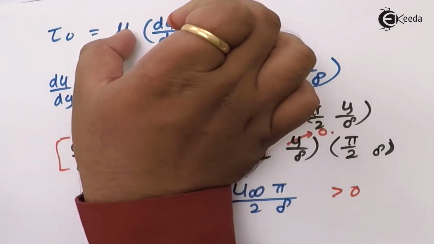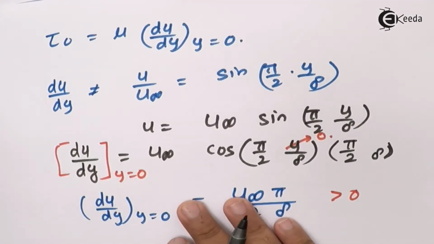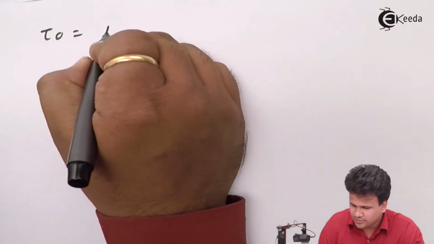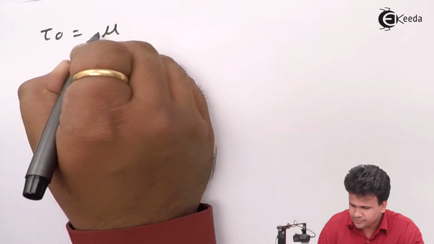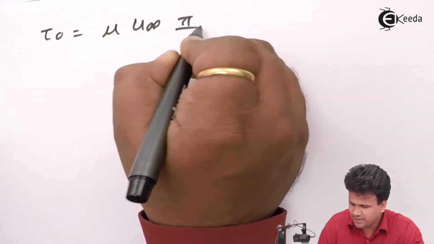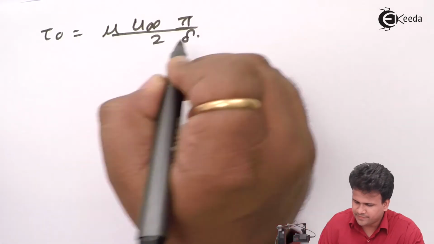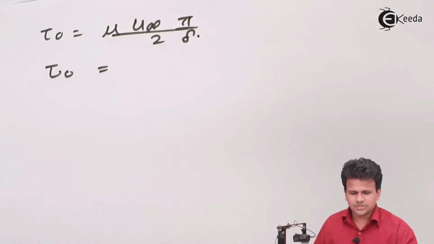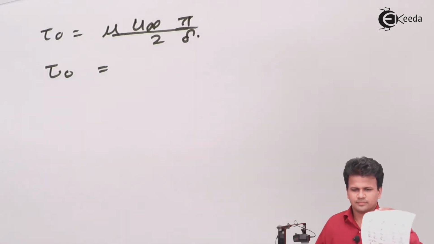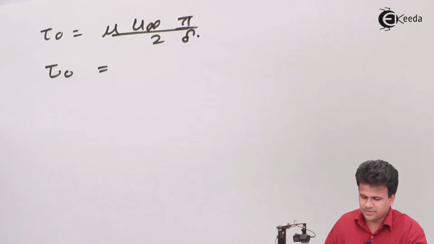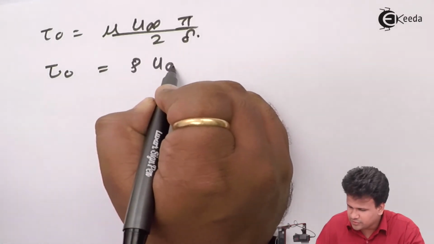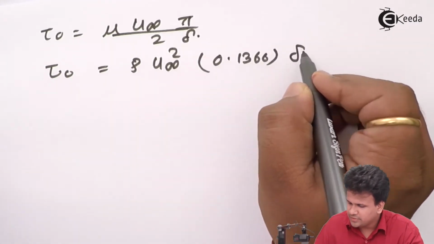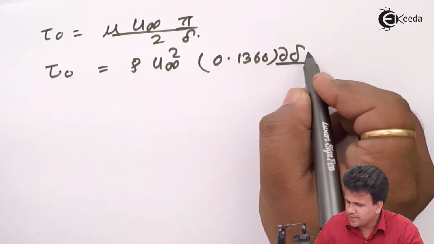So let us substitute this in Newton's law of viscosity. We'll get tau is equal to mu into u infinity pi by 2 delta, and tau is also equal to, according to von Karman's equation, which we have seen in the previous part, rho into u infinity square into 0.1366 into dou delta by dou x.